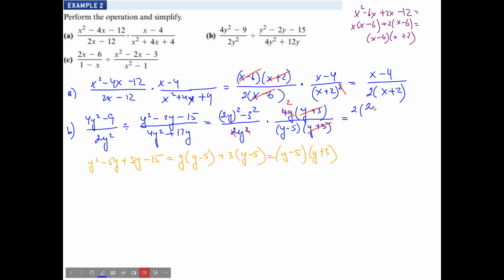Here I have (2y minus 3)(2y plus 3). And here I have y minus 5. That's it? Looks like it.